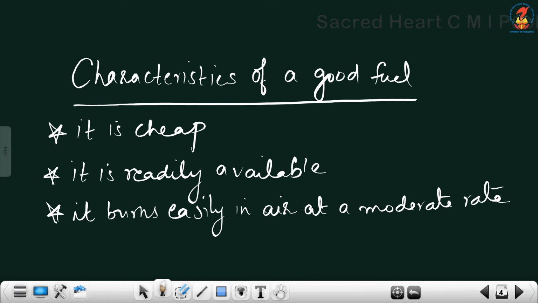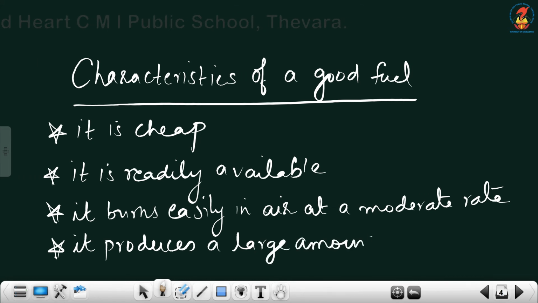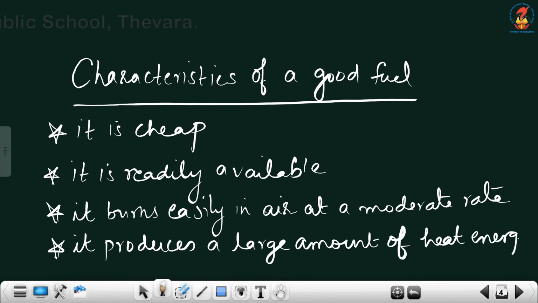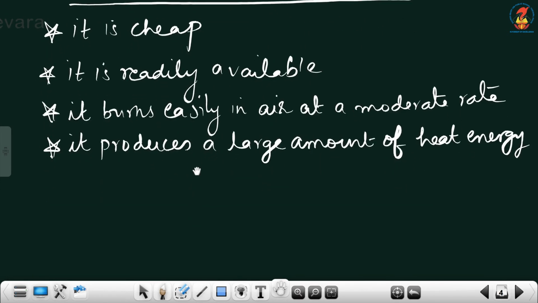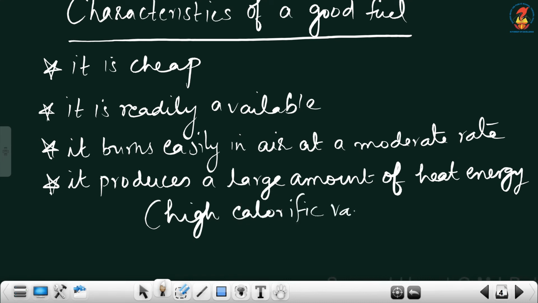If it burns easily in air at a moderate rate, then the next one is it produces a large amount of heat energy. Producing a large amount of heat energy means it has high calorific value.